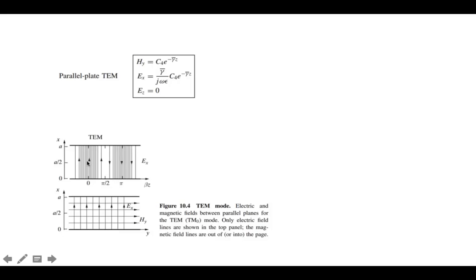H would be pointed at you in the plane perpendicular to the screen. So if you look here, you see this E field along the Z direction. If you freeze this in time, it's got a sinusoidal variation as well. So TE, TM, and TEM all exist in this rectangular waveguide.